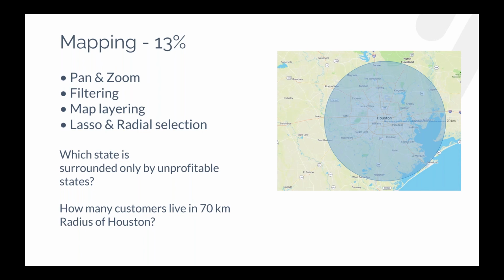The most common question I came across is something like, look at the map, which state is surrounded only by unprofitable states, or something like that. So this is something to prepare for, but I would also review these different mapping concepts.